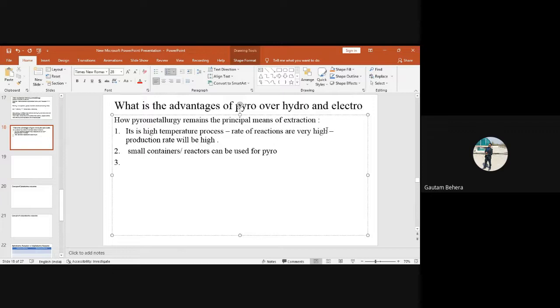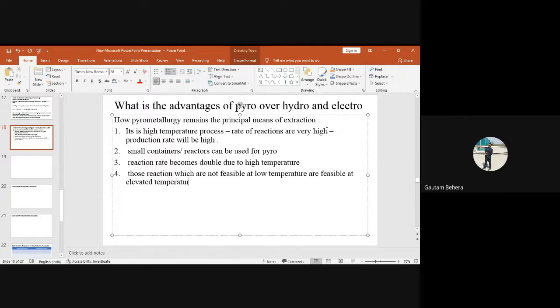And we know that every 10-degree rise in temperature makes the reaction rate double. So reaction rate becomes double due to high temperature, right? And those reactions which are not feasible at low temperature, like room temperature, are feasible at elevated temperature.